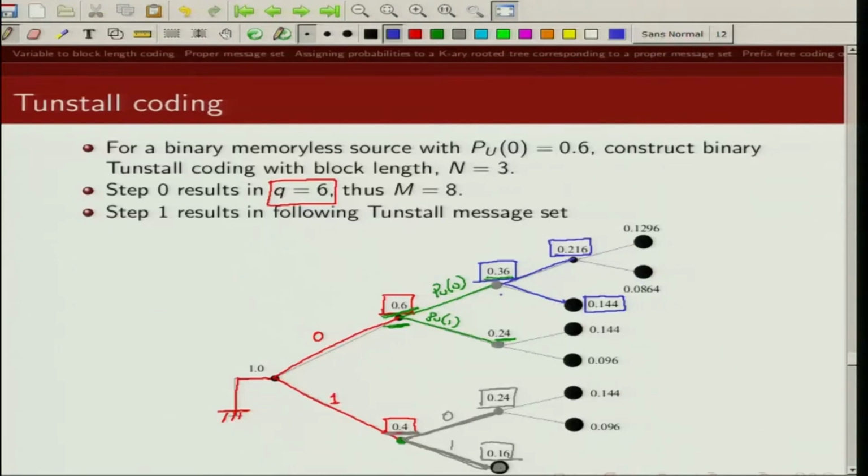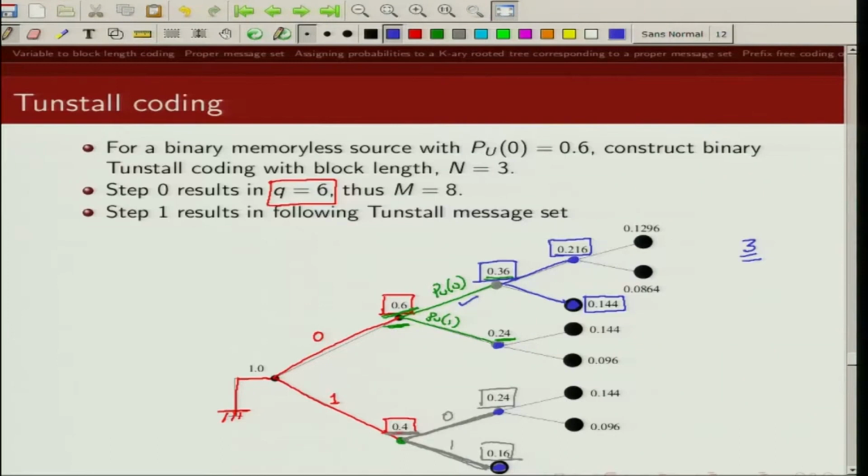So at the end of the third extension, this leaf has probability 0.216, this leaf has 0.144, this leaf has 0.24, this leaf has 0.24 and this leaf has 0.16.